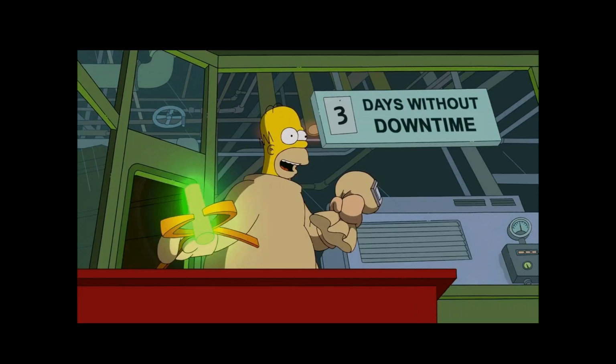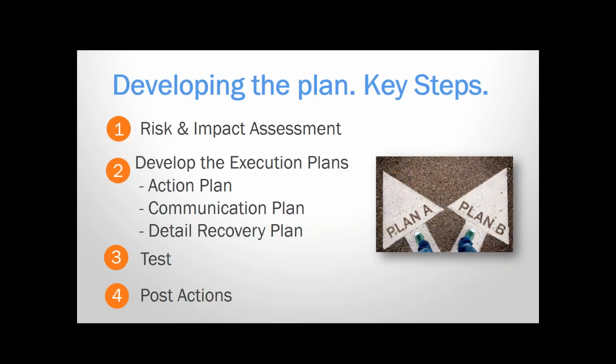Obviously, we want zero downtime, but sometimes downtime and disaster can occur outside of our control. That's why we need a plan so that we can be in control. There are 4 key steps that we recommend in writing your DR plan. There are many considerations, of course, but I'll explain in detail in the coming slides.